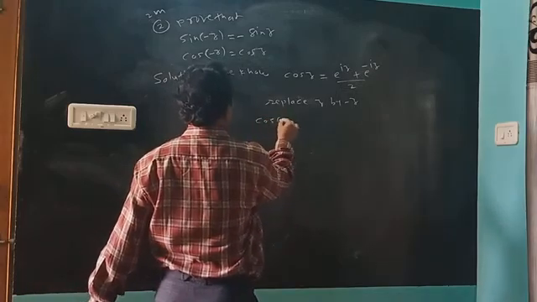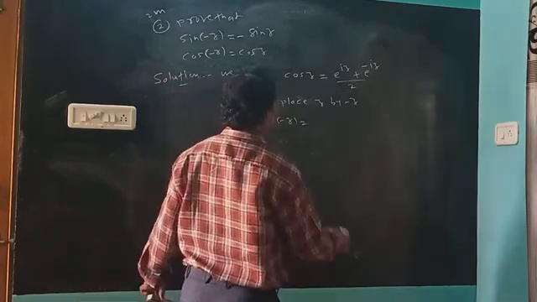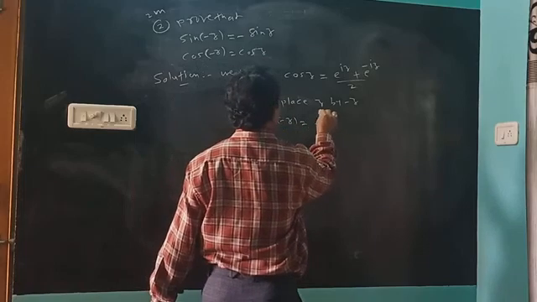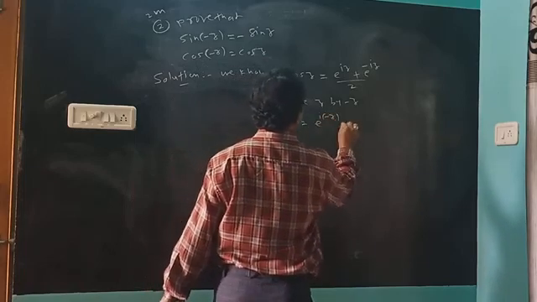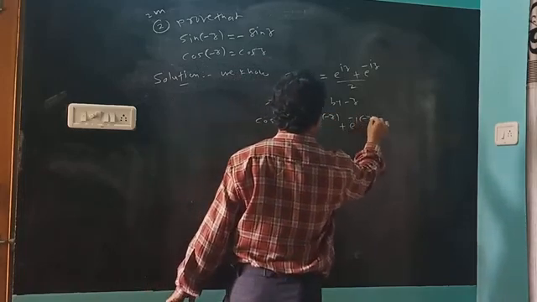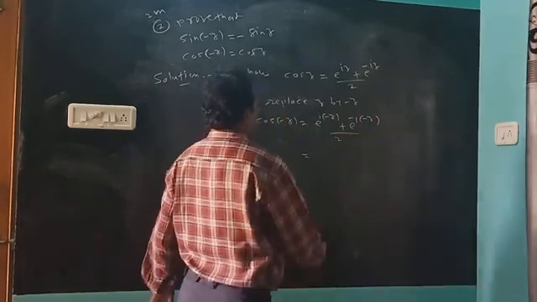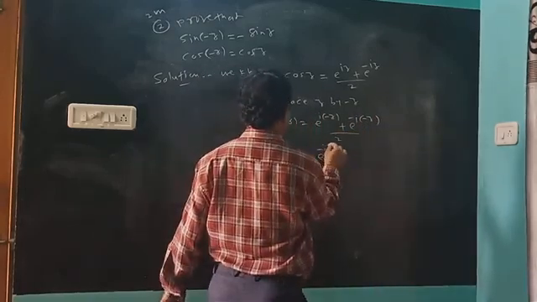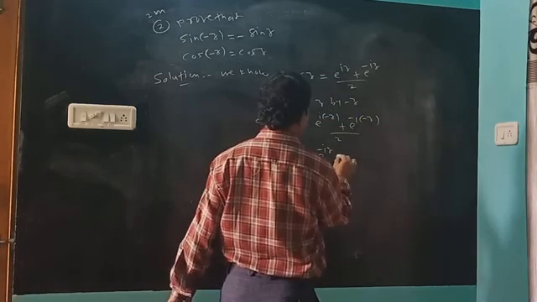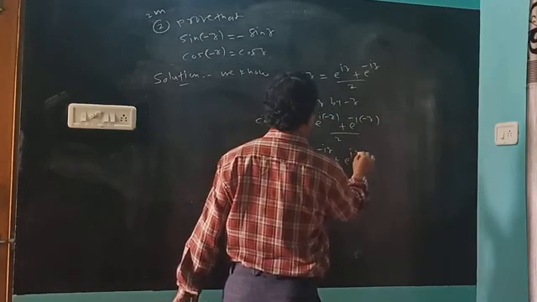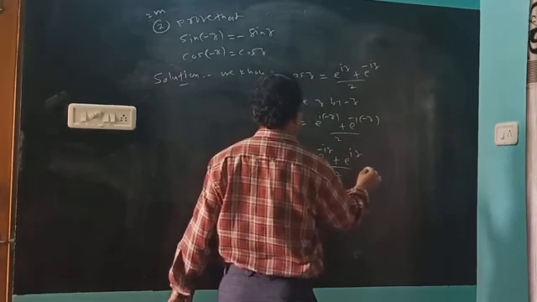So cos of minus z will be e raised to power minus iz plus e raised to power iz by 2. This is the same as e raised to power minus iz plus e raised to power plus iz by 2.